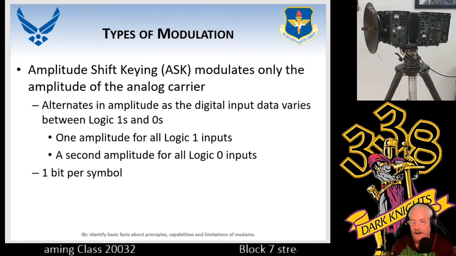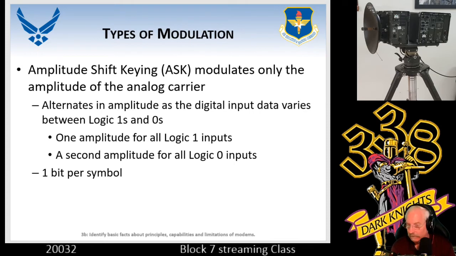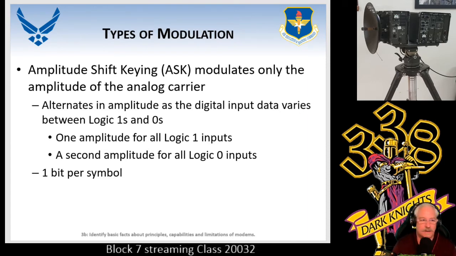Next up, we have amplitude. Now, in your study guide workbook, they always talk about the voltage. If you increase the voltage on an analog signal, you increase the amplitude. You decrease the voltage on a waveform, you're going to have a decrease in amplitude. Works the same way. It is also 1 bit per symbol.